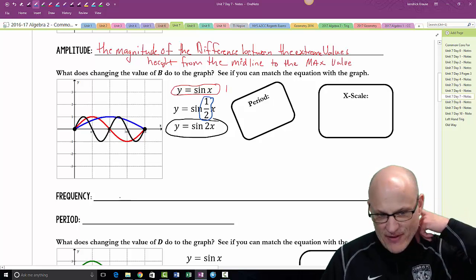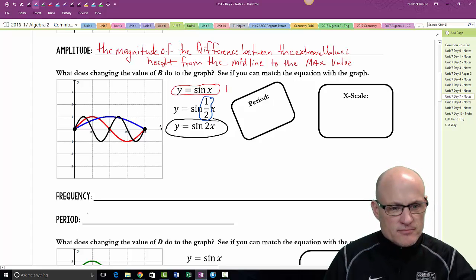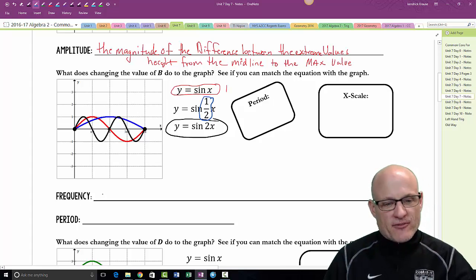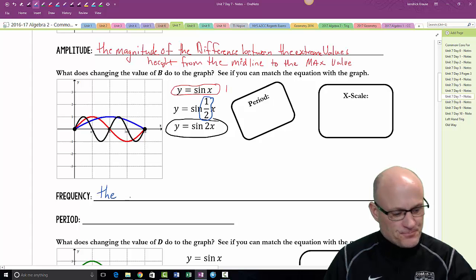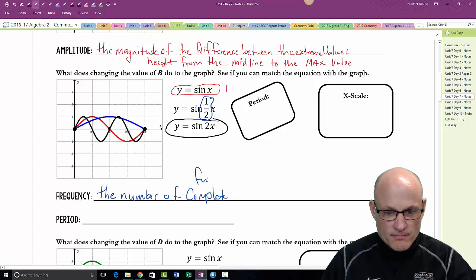So period, let me define period first for you. All right, let me define frequency. It's the number of complete cycles, or full cycles, over the interval 0 to 2 pi.